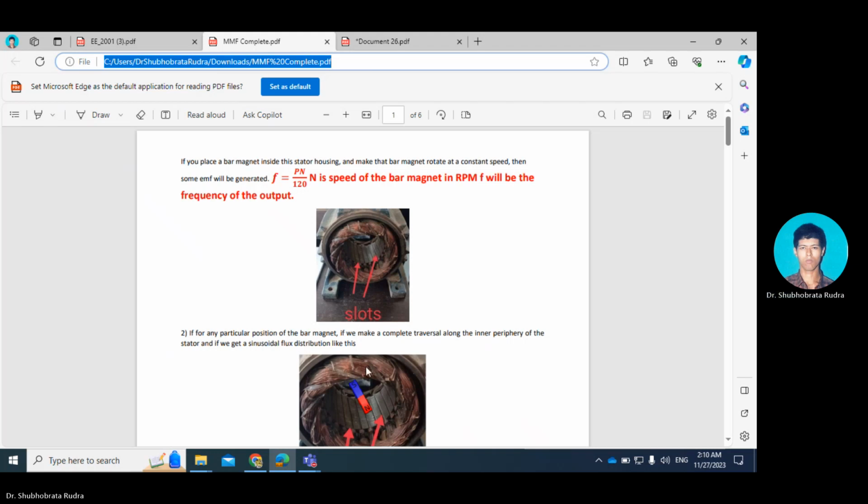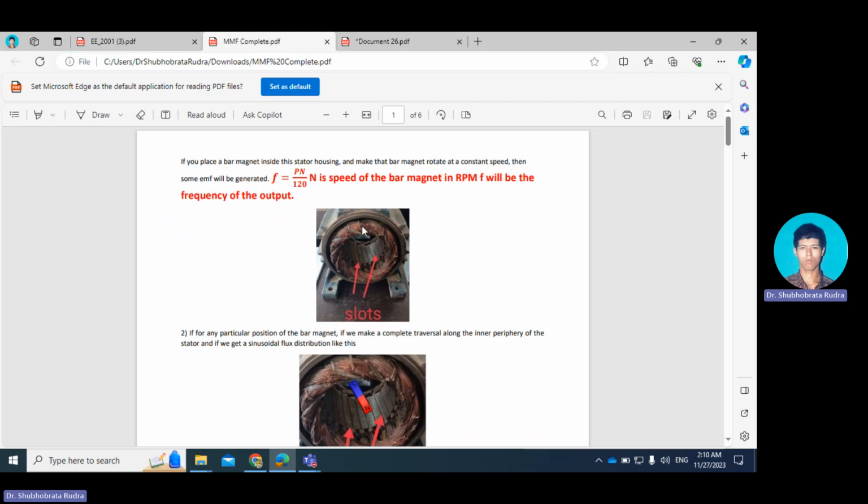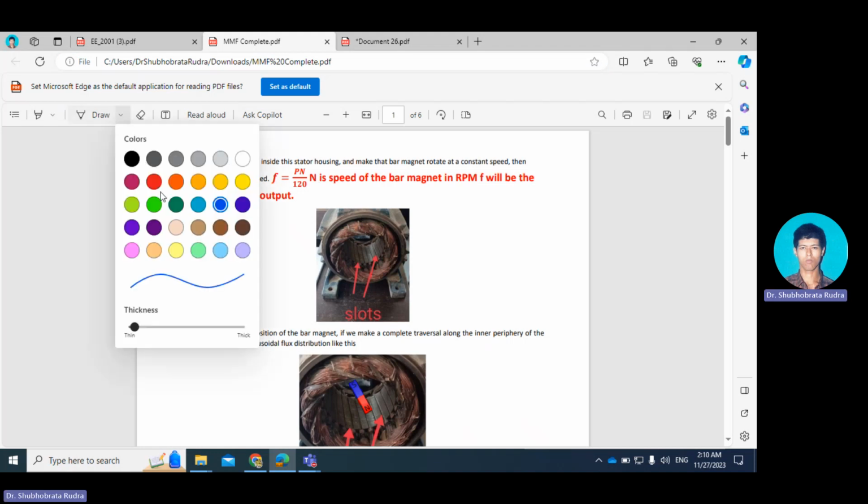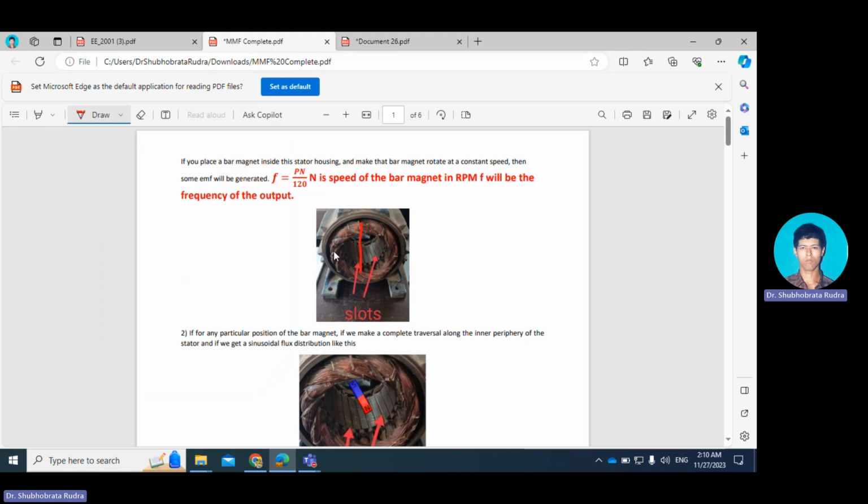Therefore, you can assume that here you can broadly divide this into 4 quadrants. So 4 quadrants, 4 poles.